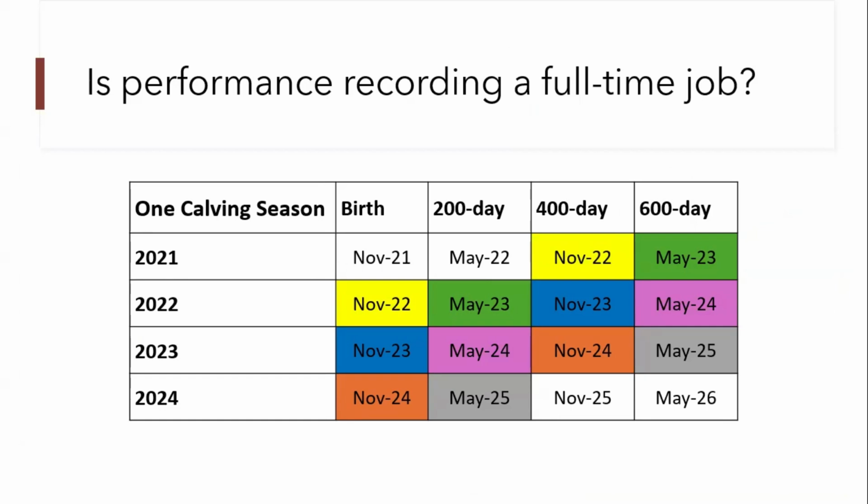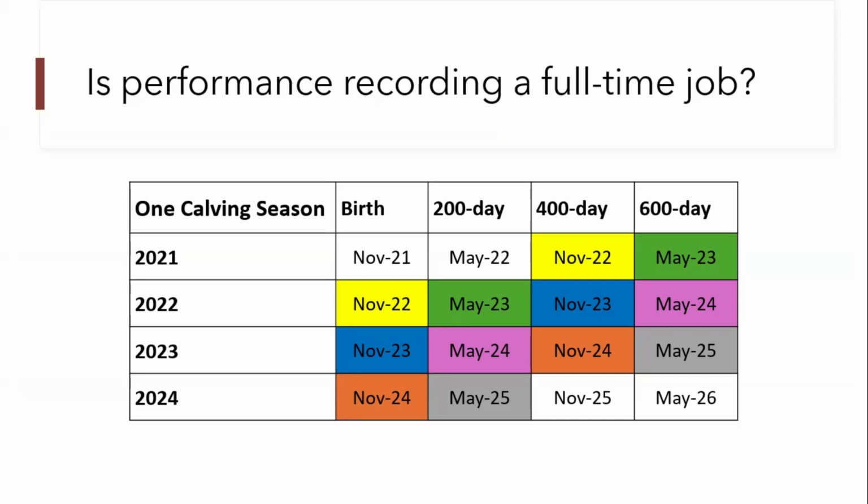So breeders often tell us, but it's a lot of work and it's a lot of planning that goes into performance recording. And yes, it is, but you can really pick 2 dates within a year, and you can capture most of the traits that you need to record.